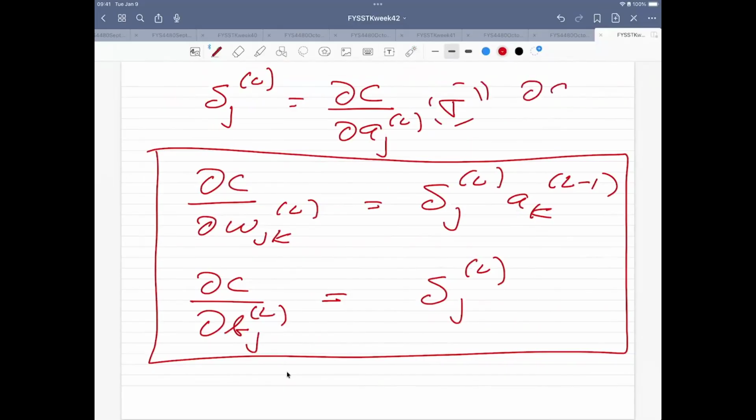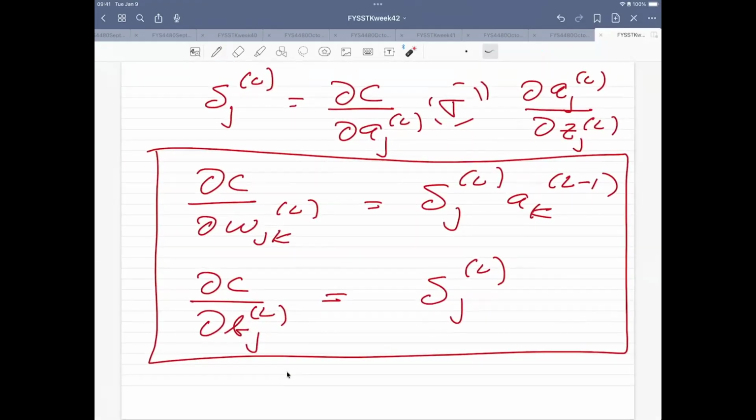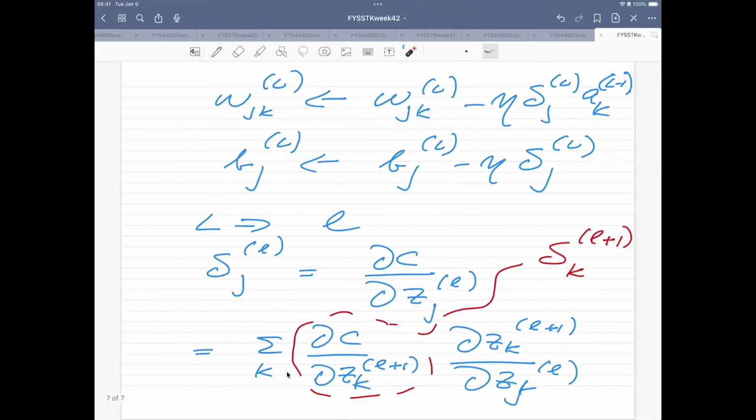That is the same as dAj of L over dCj of L. So when you see that expression here, if you take away this one in the expression, you simply have dC with respect to that quantity, and that's the one which I used here.